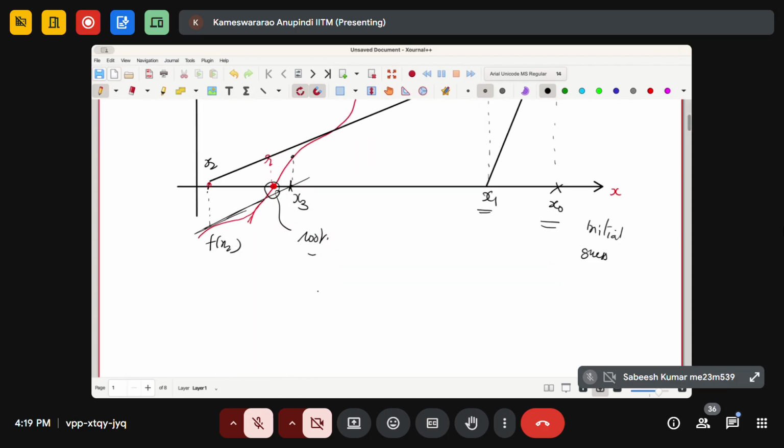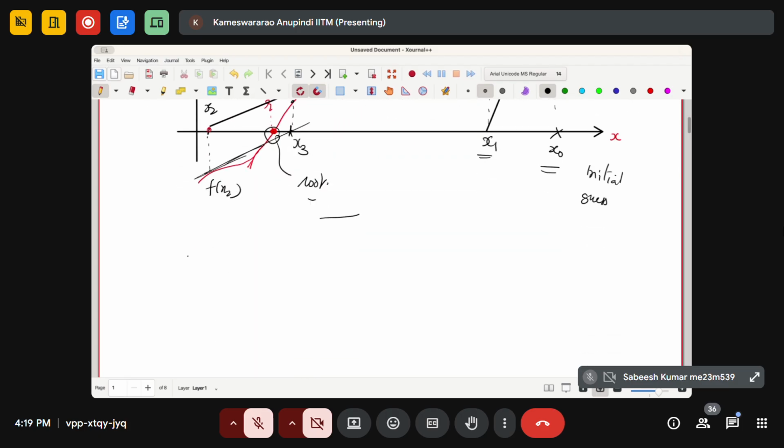That means I have this function. So that means we say that in Newton's method, the tangent is assumed to locally define a root, right?